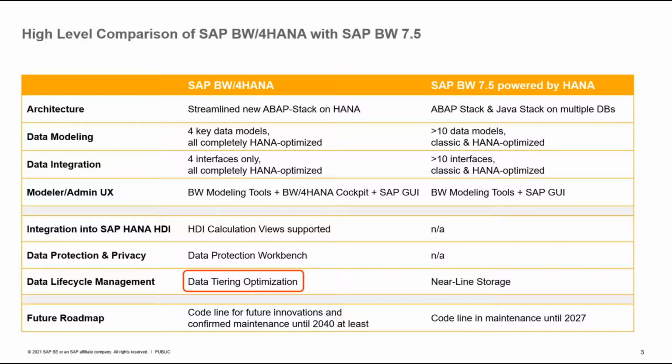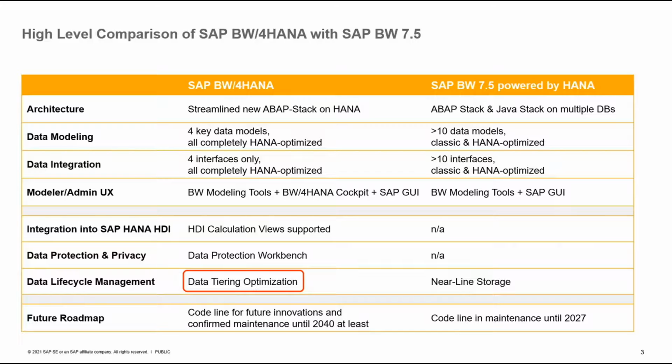Let's start with a little positioning of data tiering optimization. If we compare BW for HANA, which was introduced end of 2016, to SAP BW 7.5, we see that there are quite some differences, but also quite some common features.